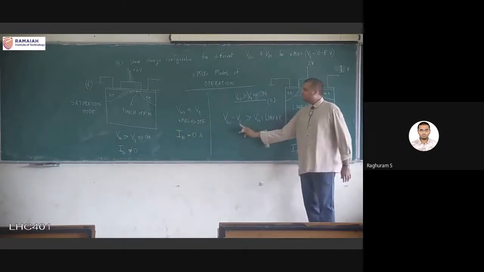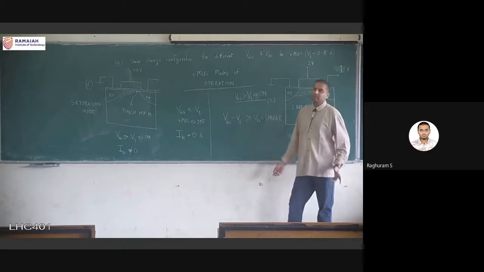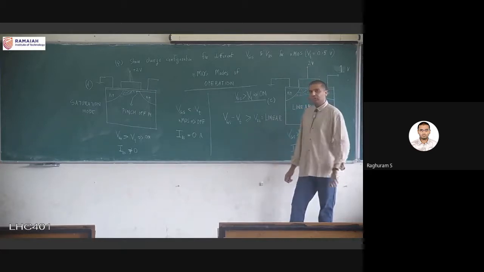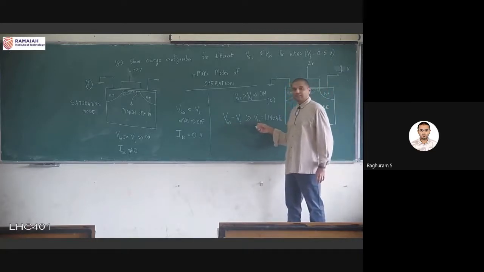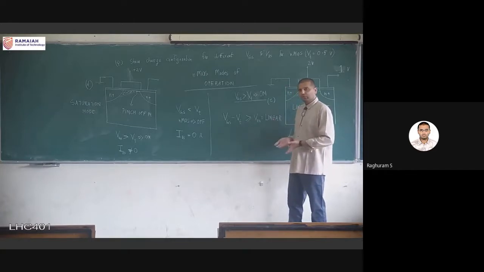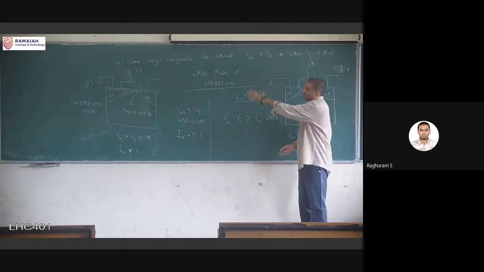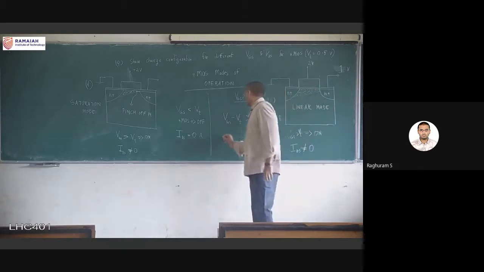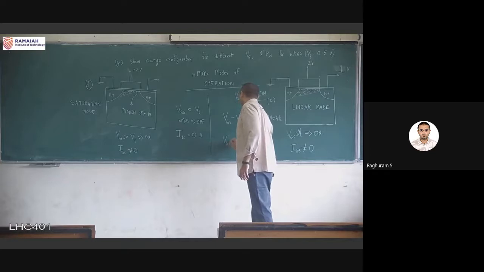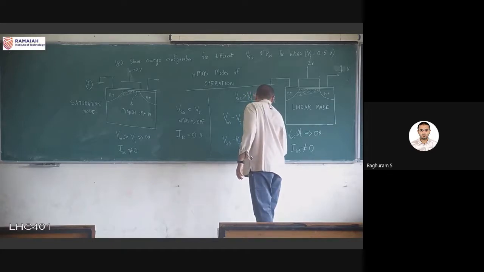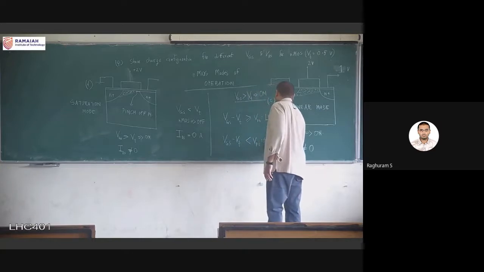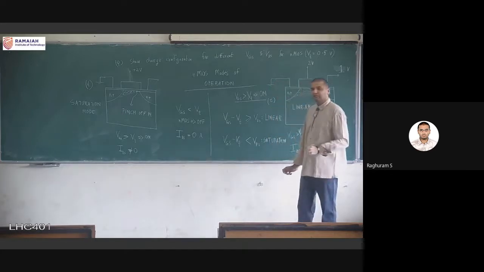That is VGS minus VT. Why this minus VT comes, we will talk about a little later when we go into the derivation. But if the left hand side is greater than VDS, that is, the drain voltage is low, it is the linear region, and this is for NMOS. And the opposite is very simple: VGS minus VT lesser than VDS is the condition for saturation.